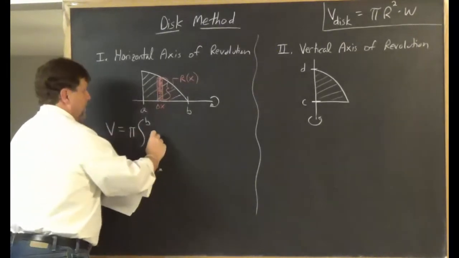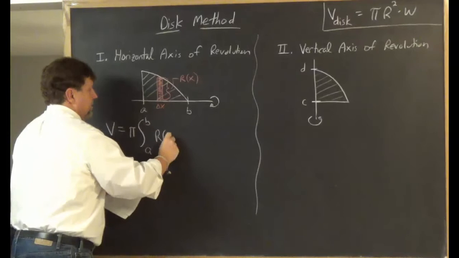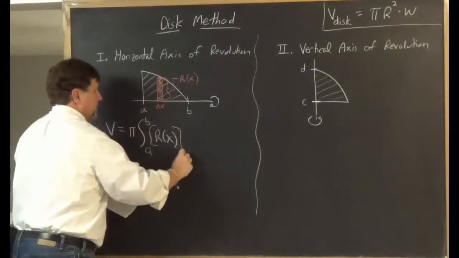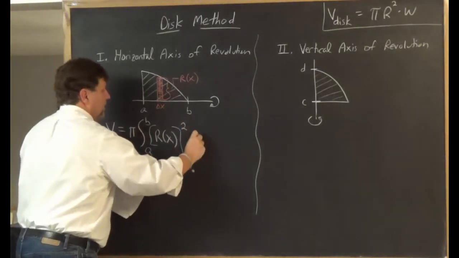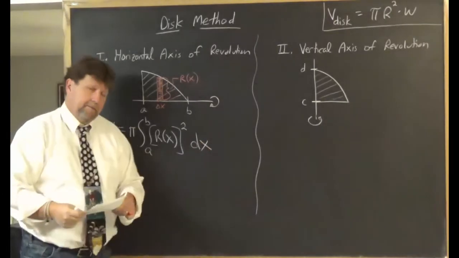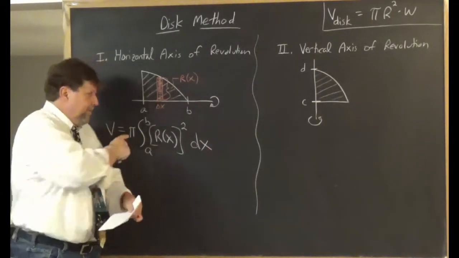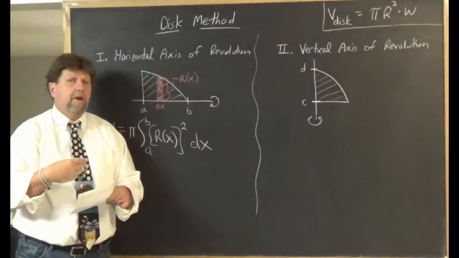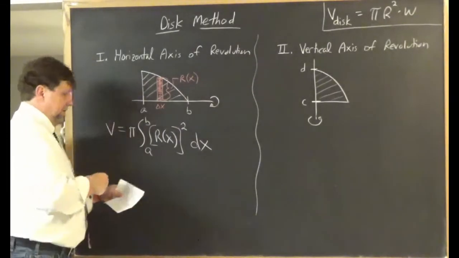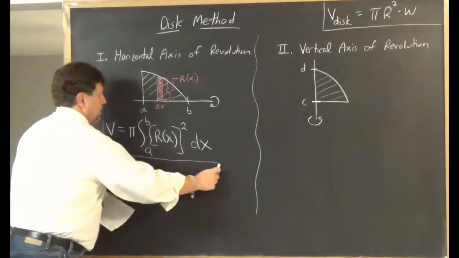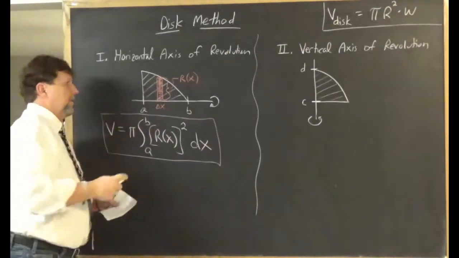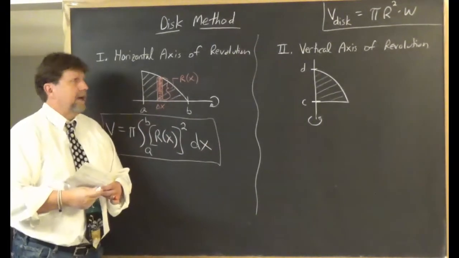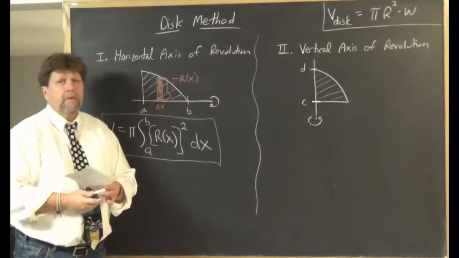R squared, so that's whatever that function of x is, R of x squared dx. Now some people keep the pi in here, but since it's a constant, I rip the pi out in front of the integral sign. So that's what we have when it's a horizontal axis of revolution.